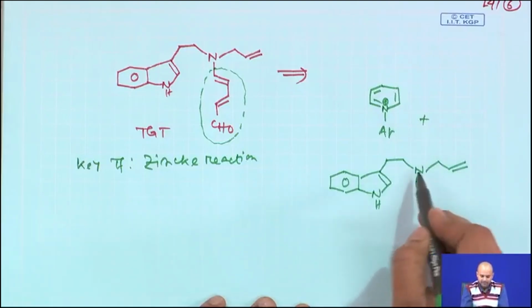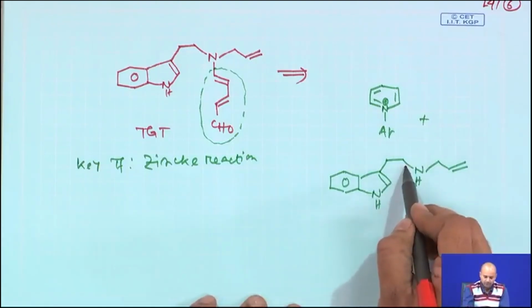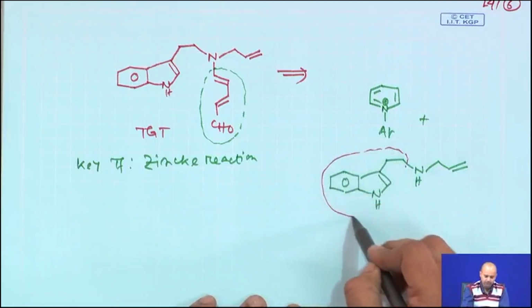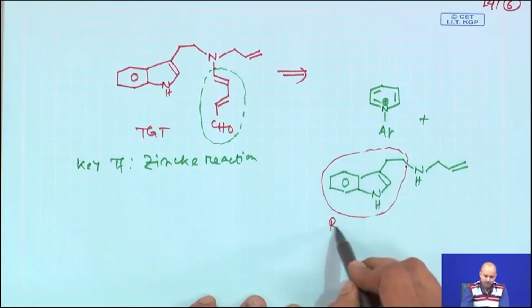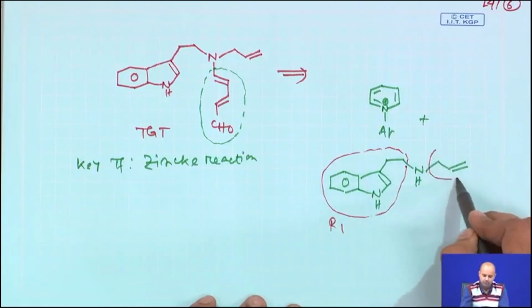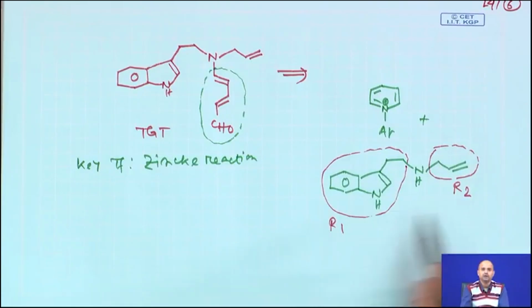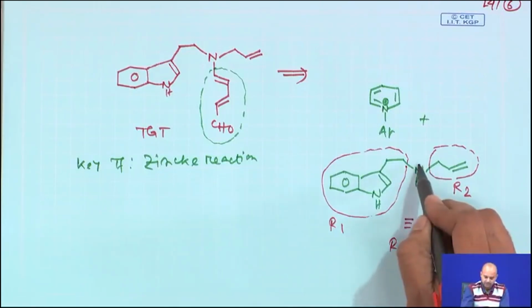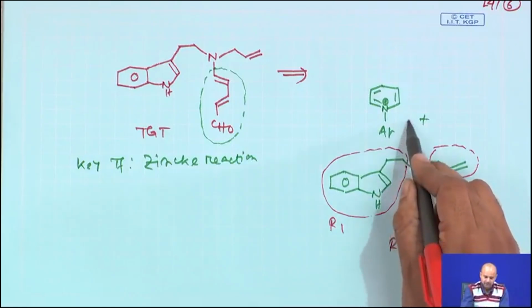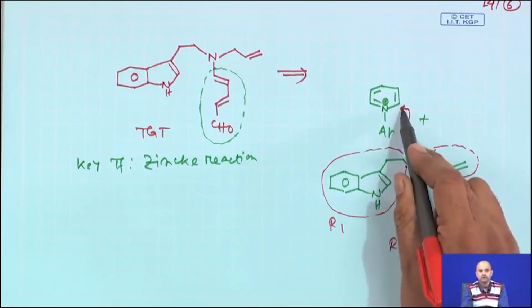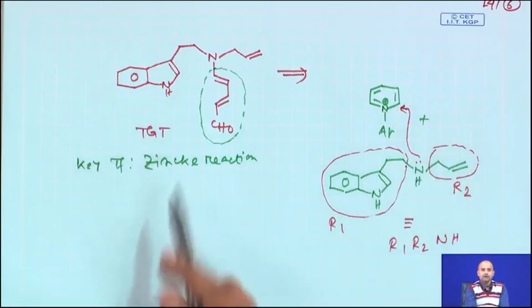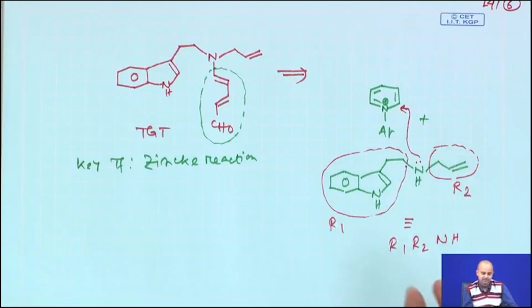So, this amine, if you go back to the general slide, this is the group which is R1 and this is the allyl group which is now R2. So, this is R1 R2 NH, and this nitrogen attacks this 2 carbon of the pyridine, and then you get the initial nucleophilic addition.